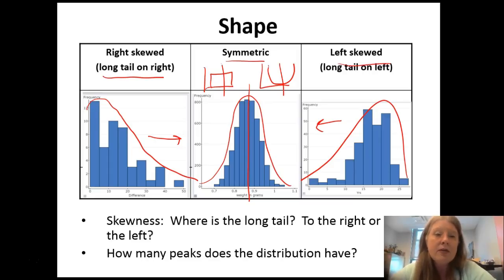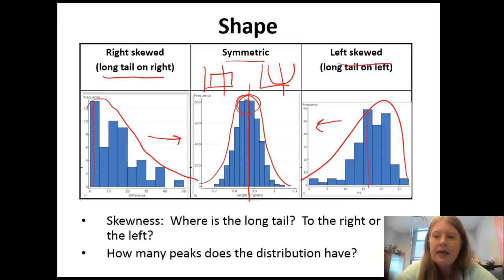Also, something to look at when you're judging shape is how many peaks the distribution has. The peak would be the highest point. So here, for instance, this is our highest point. There's one major peak. Here, again, we have three bars that are all together, giving it one major peak right there in the middle.